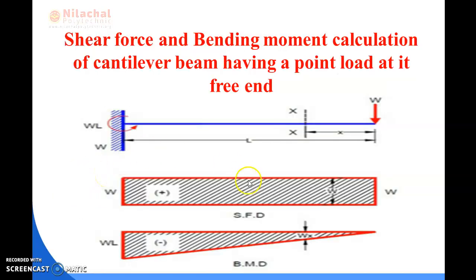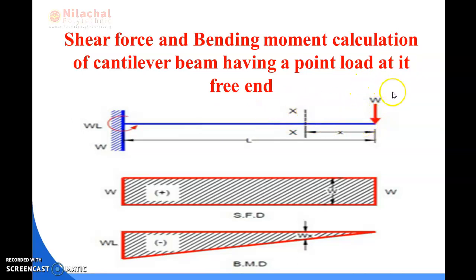While calculating from the right side to the left side, we reach the fixed end support. So we can say that the shear force at the fixed end of the cantilever is equal to W. Why? Because you can see in the total span of the cantilever, only one load is acting. Besides this load, no other loading condition is provided.